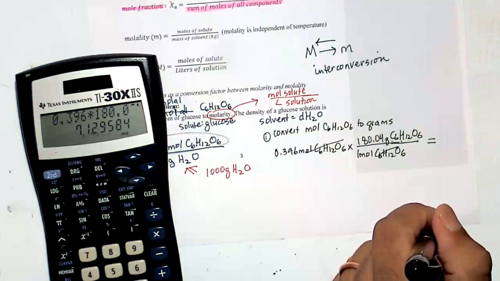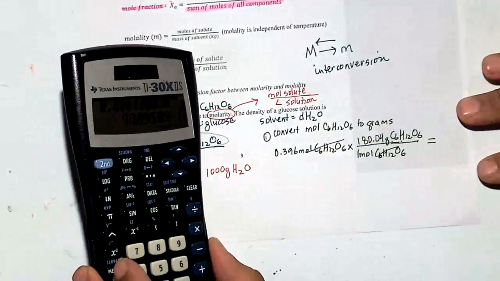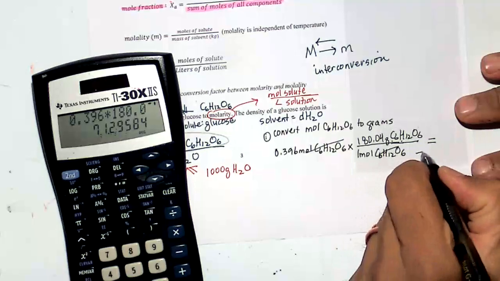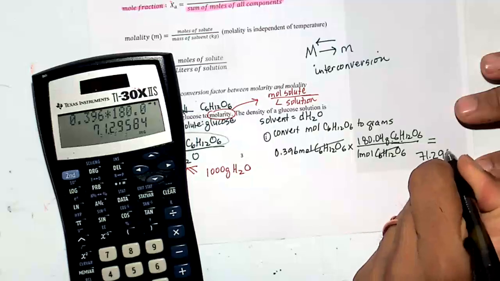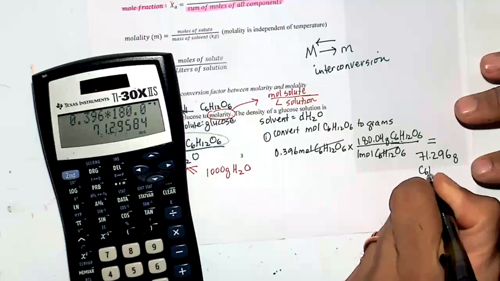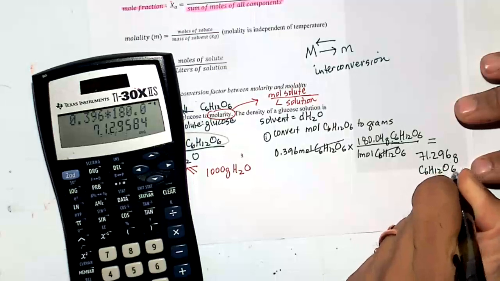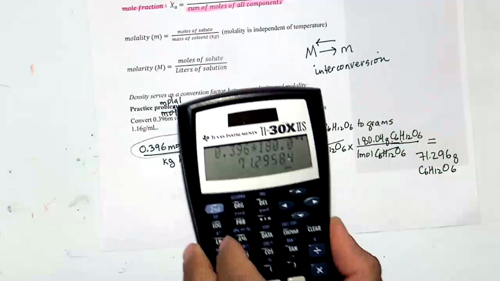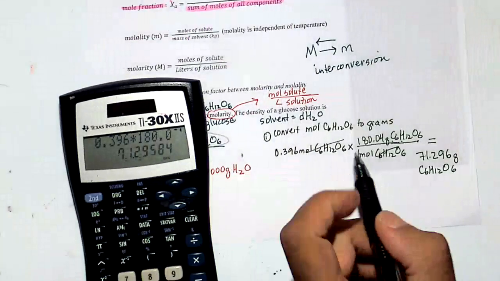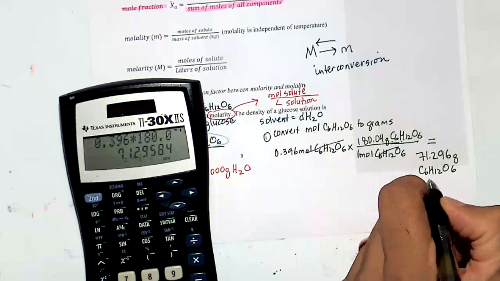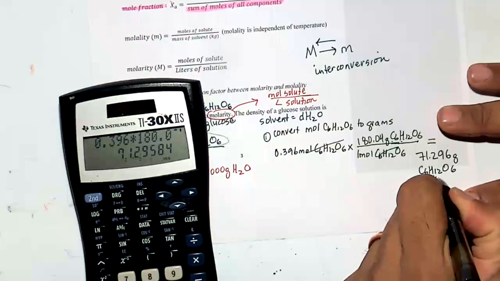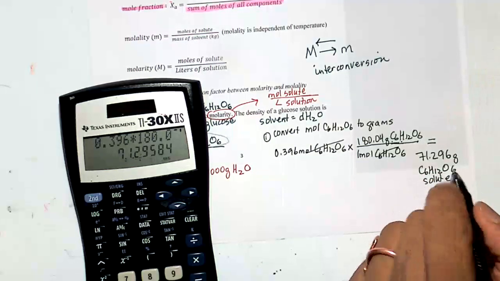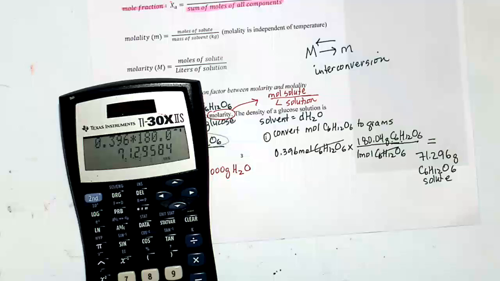Any objections? Did you get that? All right, so this is the grams of glucose, which is our solute.